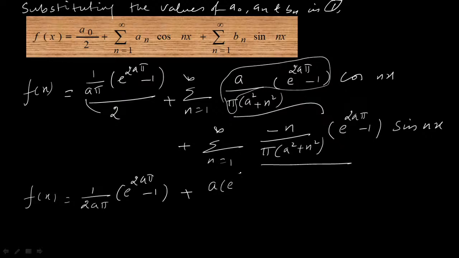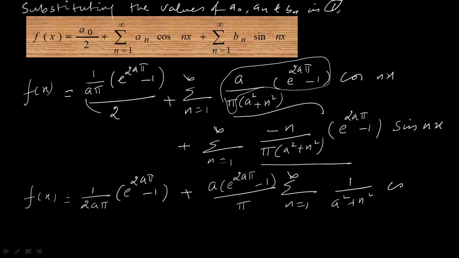So a of e power 2a pi minus 1 divided by pi sigma n varies from 1 to infinity. Here you have 1 by a square plus n square alone within the parenthesis of cos nx plus, look at the sin nx, that is the second summation value.